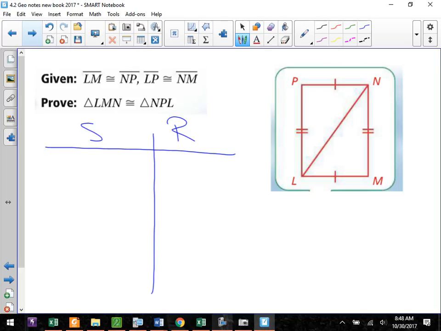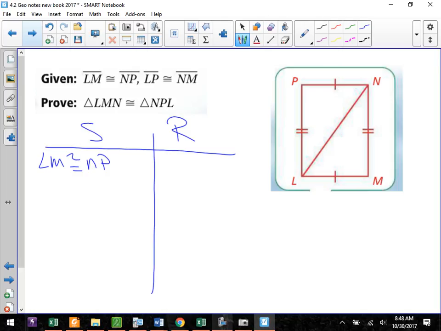So as we go through, you'll notice that the diagrams are marked. You have LM congruent to NP, LP is congruent to NM. So here's what you do. We write down what we're given. Why did I write that down?